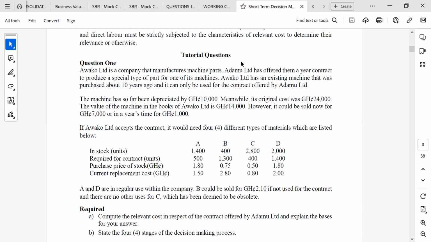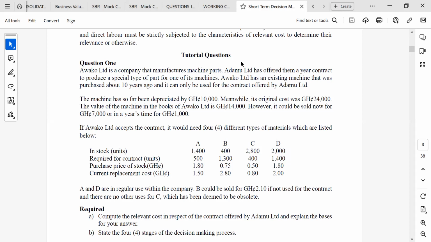Yes. So in the small table below, we have in stock 1,400 for A, B is 400, C is 2,800, and D is 2,000, all units. Then the required for contract is 500 for A, 1,300 for B, 400 for C, and 1,400 for D, all units.